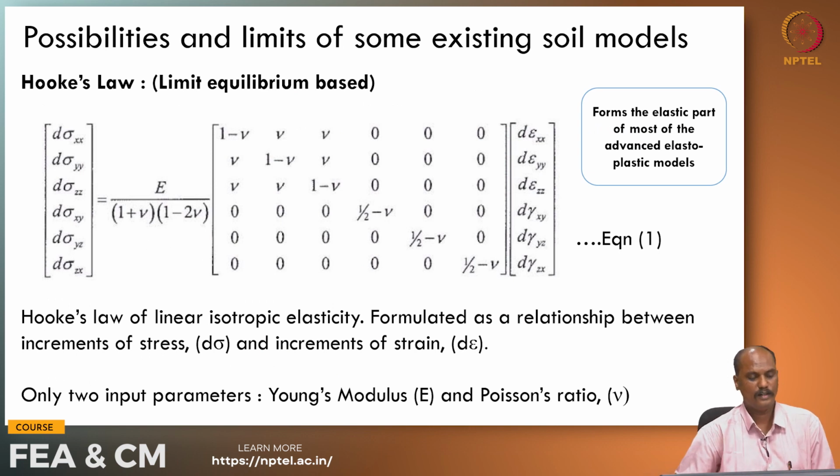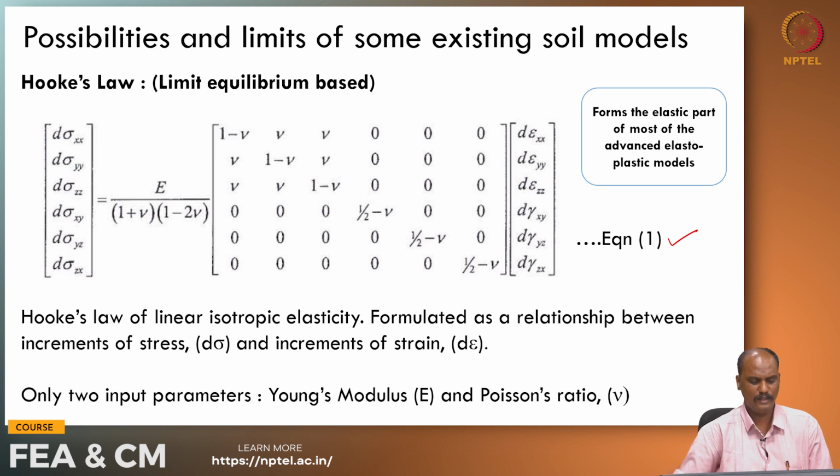If you can see here, Hooke's law is the most fundamental relation which Hooke developed centuries back, wherein we have the stress strain relations exhibited as d sigma and d epsilon, and we have this matrix as shown in equation 1.